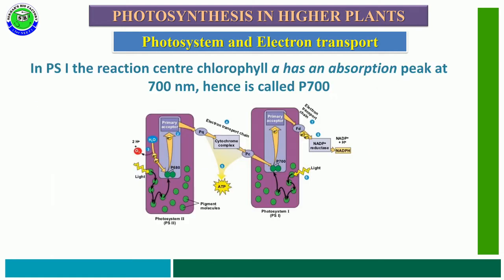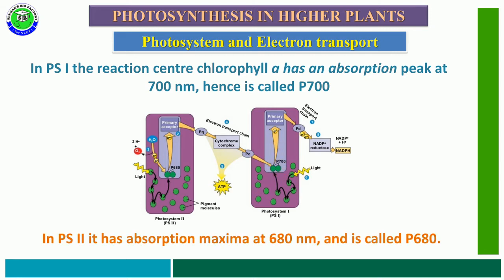Photosystem 1 consists of a reaction center with chlorophyll A that absorbs light of 700 nanometers, so the reaction center present in PS1 is named P700. In photosystem 2, the reaction center consists of a chlorophyll A molecule that can absorb light of 680 nanometers, so the reaction center present in PS2 is named P680.